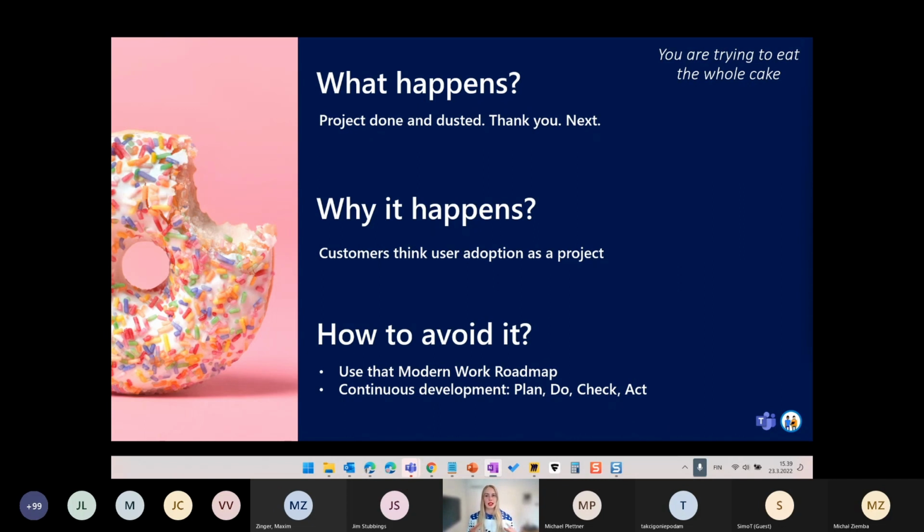So none of this is easy, but you still should focus on user adoption. You still should focus on the long-term plan and continuous development, because that's how you can achieve change in your organization. Yeah, but change is never easy.